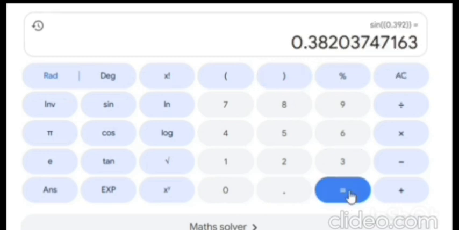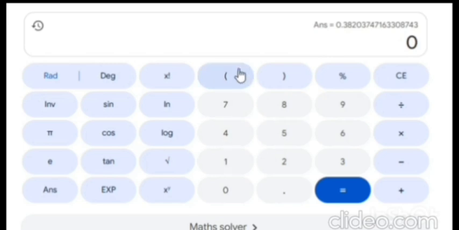You have to be very careful in checking that your scientific calculator is in radian mode. Now I solve the overall equation 1 divided by 3 root of 1 plus sine 0.392, where the sine value is 0.3820.